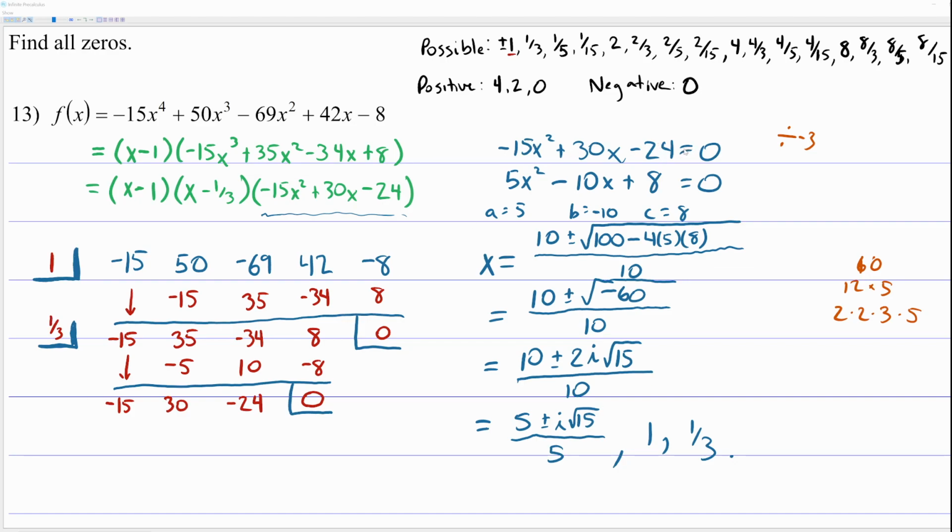Once you get down to a quadratic, you want to stop, because as you can see in this example, had we continued with synthetic division, we never would have found the answers because the last 2 zeros turned out to be complex numbers. So use synthetic division until you get down to a quadratic, and then find your last 2.